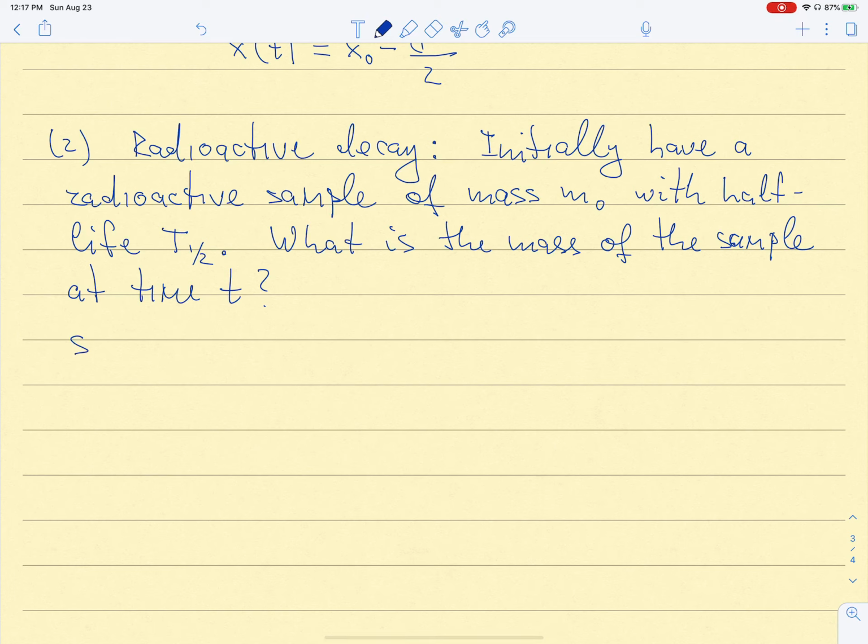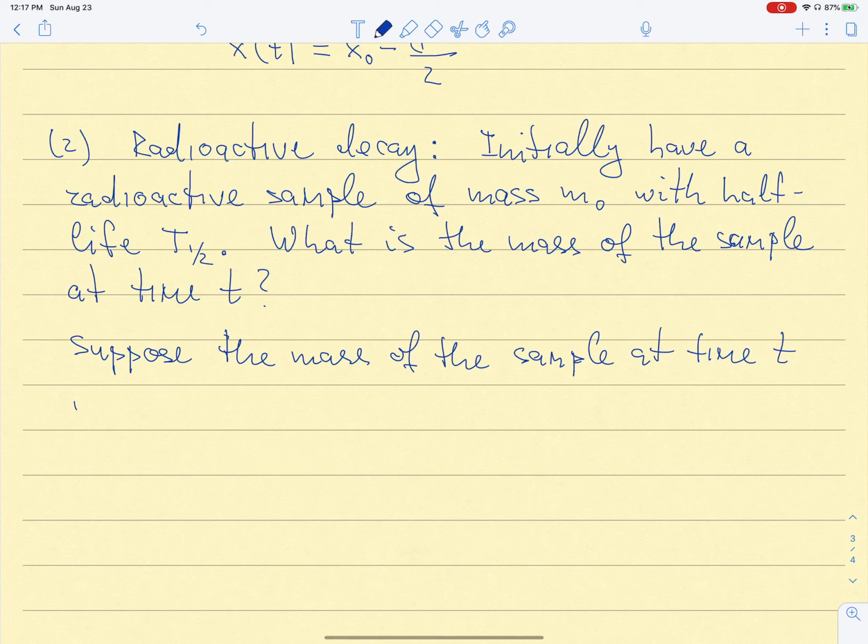So suppose the mass of the sample at time t is some unknown function m of t.